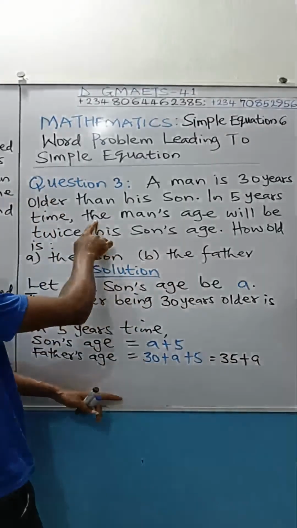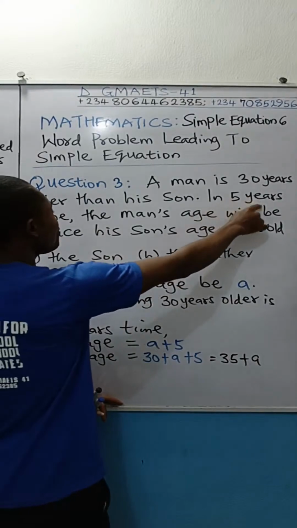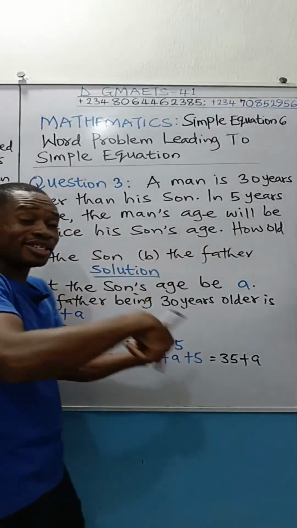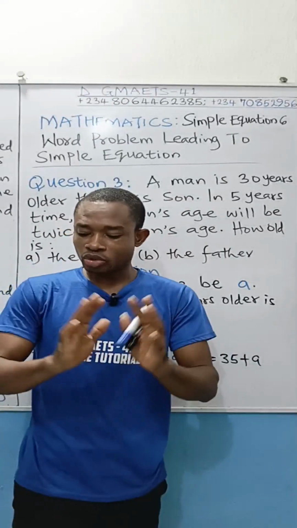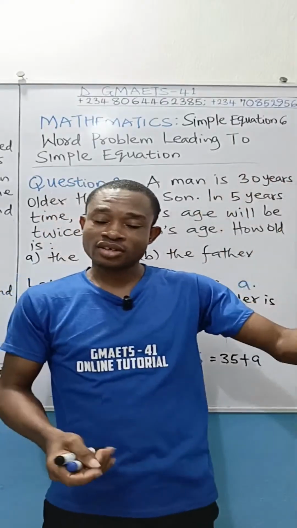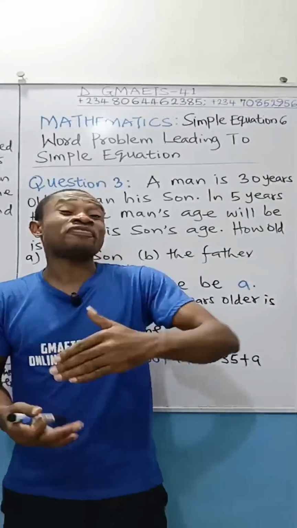But take note, come back to this question. In 5 years' time, the man's age will be twice his son's age. So what we try to do is get the age of the son in 5 years and get the father's age in 5 years.